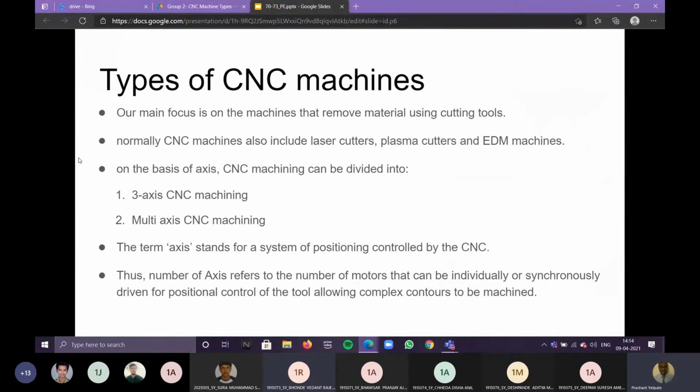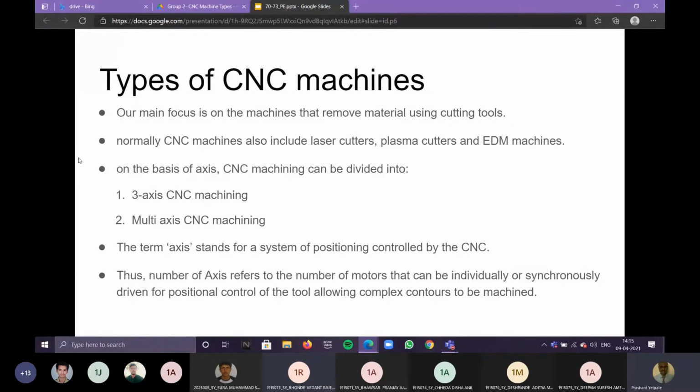Types of CNC machines. Our main focus is on the machines which remove materials using cutting tools. There are also other machines which include laser cutters, plasma cutters, and EDM.